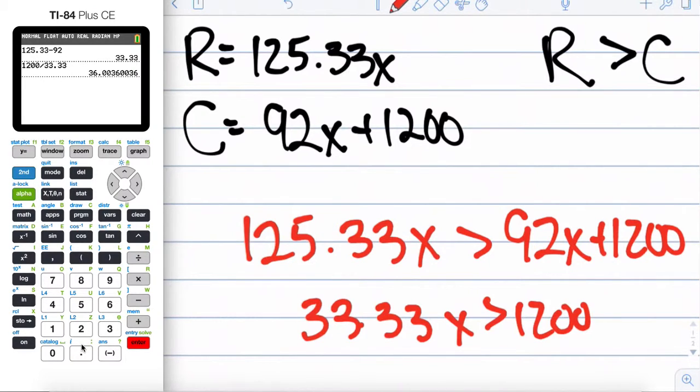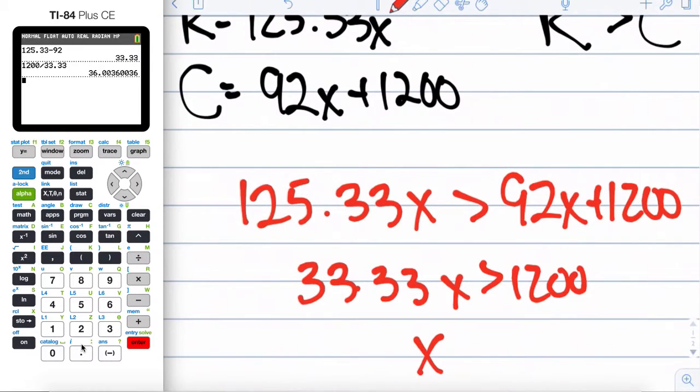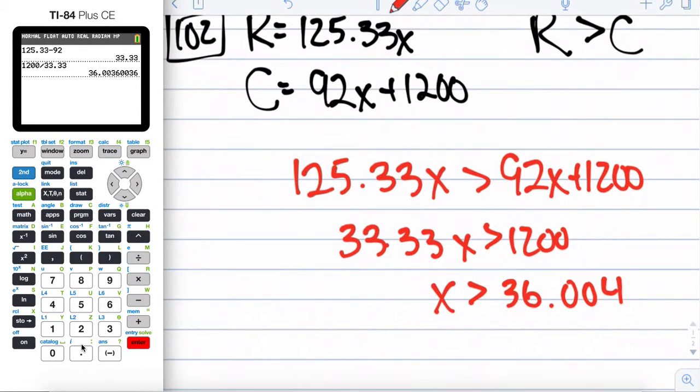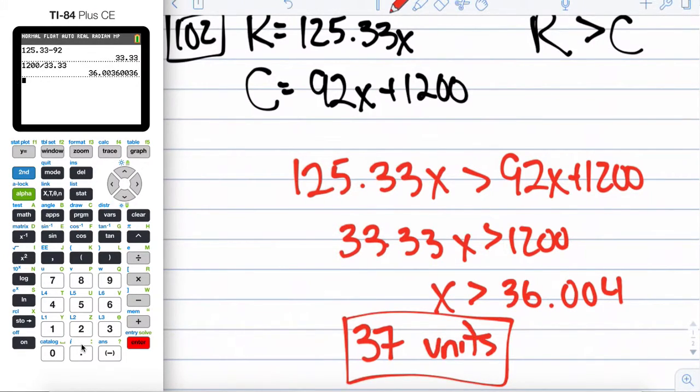So I get 36. X has got to be greater than 36.004. Okay, so 37 items, because we probably can't do a partial of it. So 37 units. Alright, that is 102.